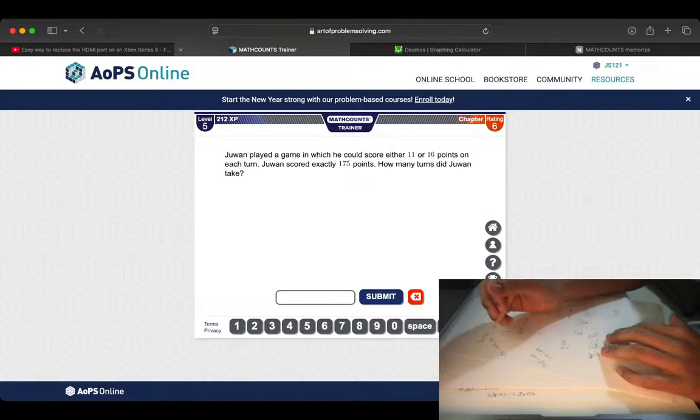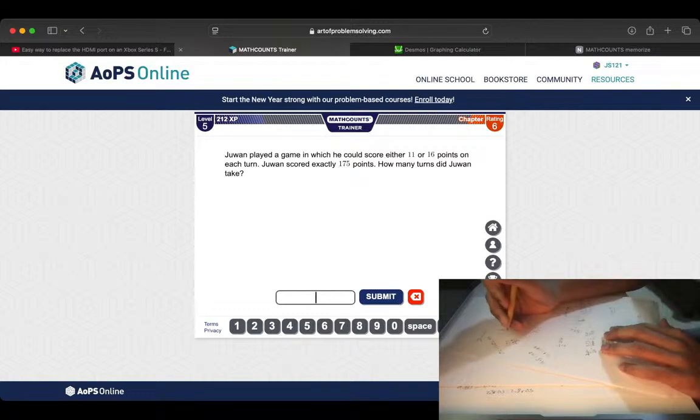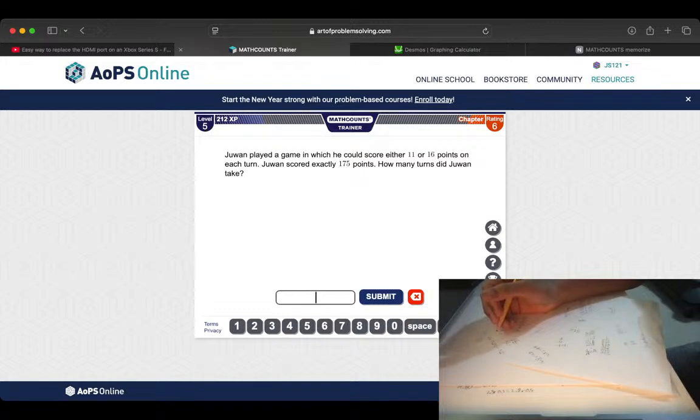175 minus 144 is equal to 31. Hey, look at that. That's not it. Okay, now it's best to look at the difference here, which is just 16.